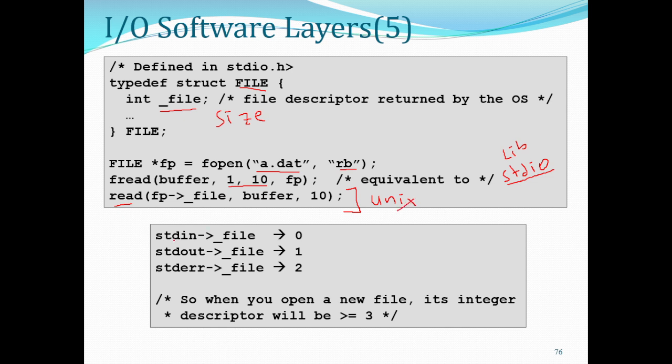So in Unix, again, standard in, and the code is 0, 1. This is the keyboard, this is the screen, and this is the screen. When you open a new file, its integer descriptor will be bigger than 3, because these are reserved, right?